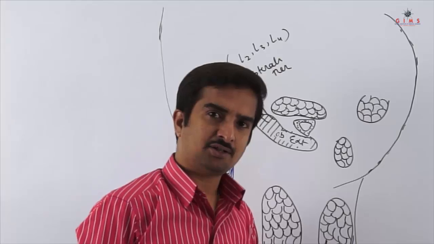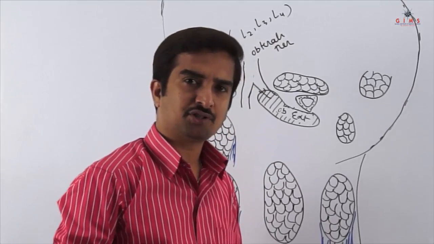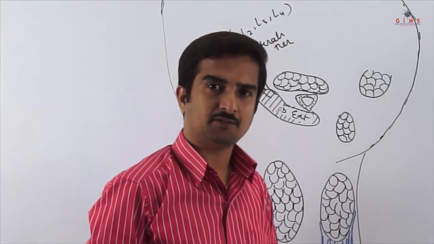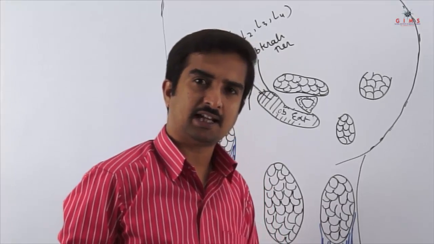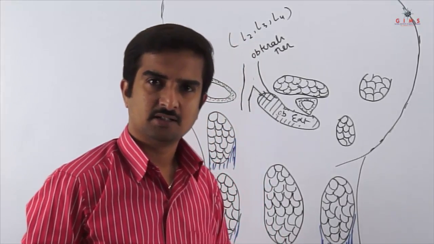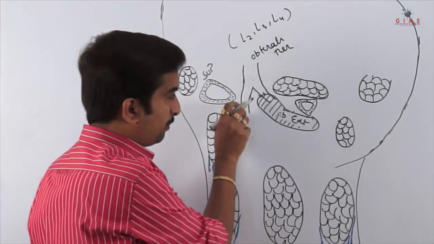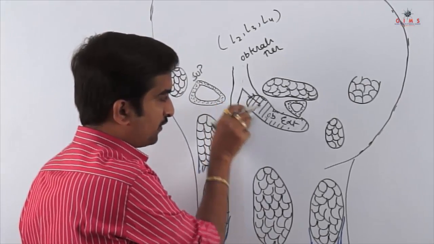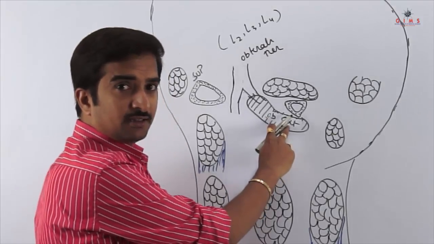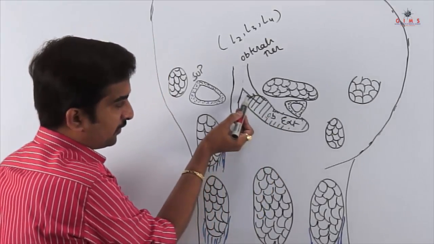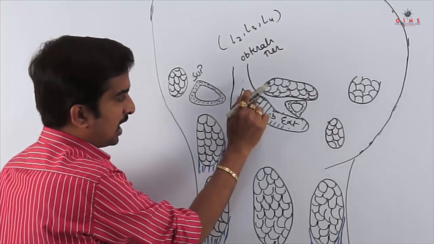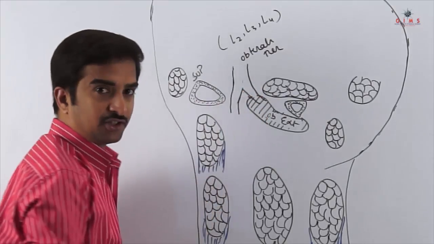Immediately after it passes down through the obturator canal at the posterior aspect of the superior ramus of the pubis, it divides into anterior as well as posterior divisions. The posterior division, you can see clearly here, pierces through the uppermost fibers of the obturator externus.